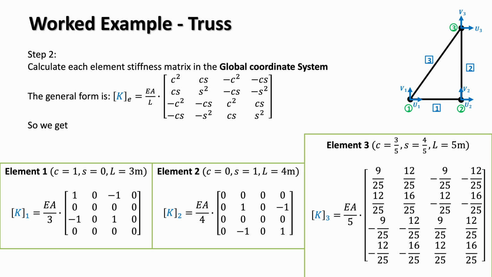Substituting these values produces a full 4x4 matrix containing a combination of cosine square, sine square, and cosine times sine. This is the only member that introduces coupling between horizontal and vertical displacements. These three matrices are the element contributions. On the next slide, we'll assemble them into the global stiffness matrix of the whole truss, placing each submatrix into the rows and columns corresponding to its node's degree of freedom.